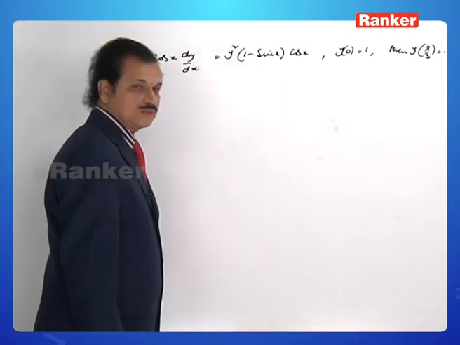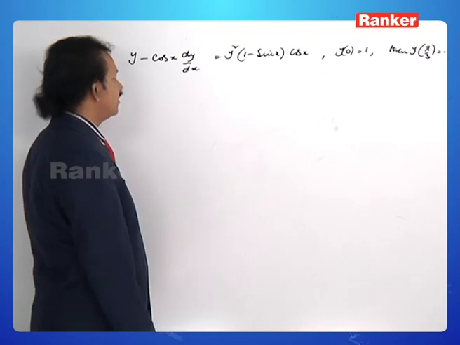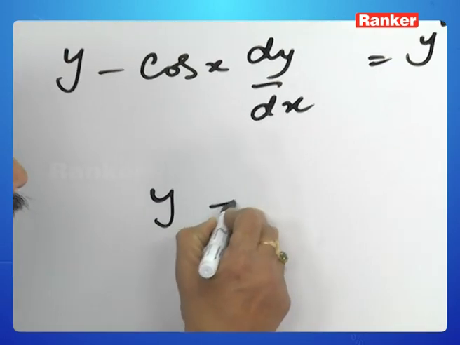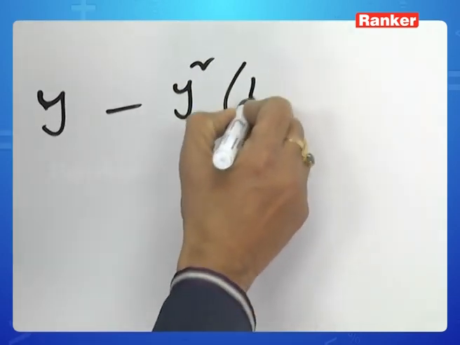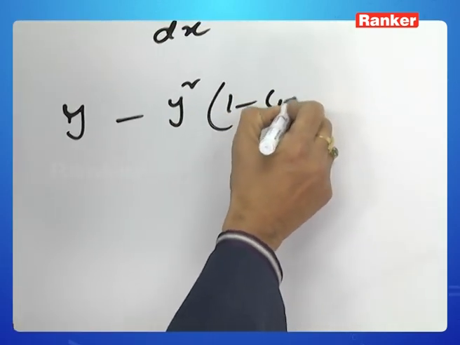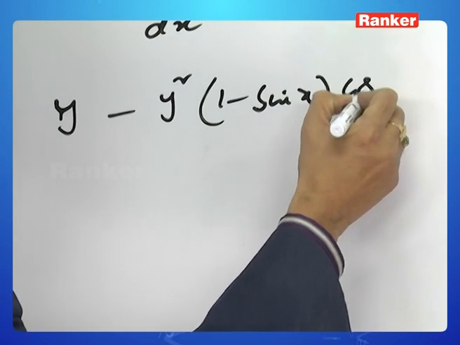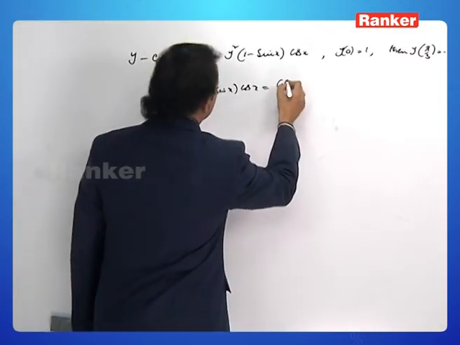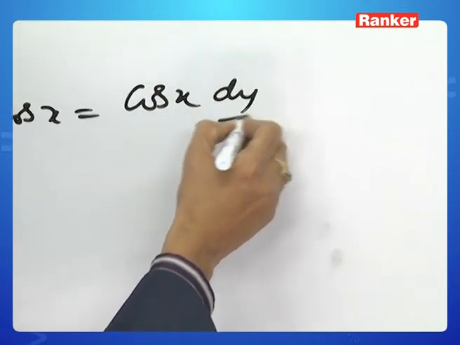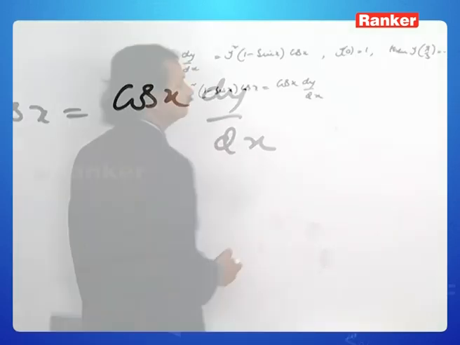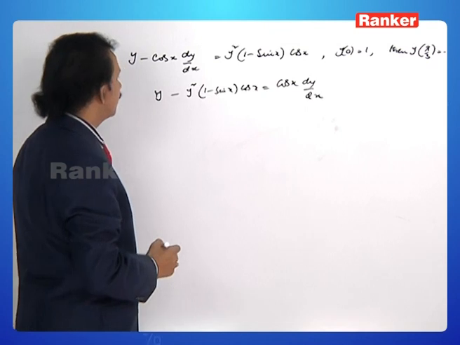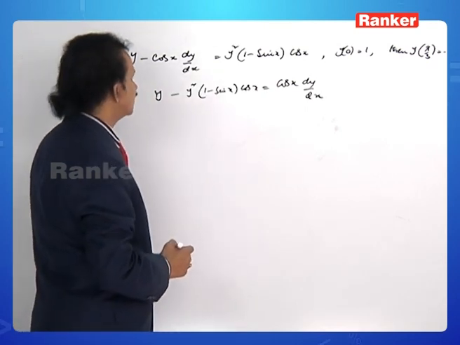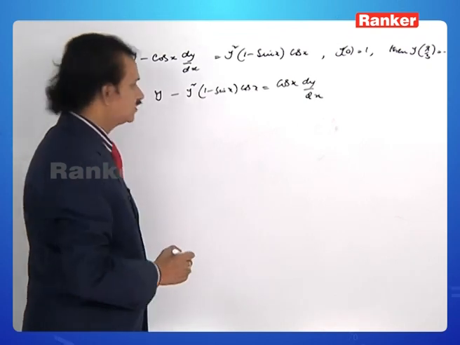Well, look at this question. First of all, let us try to get dy by dx from this. y minus y square into 1 minus sin x into cos x is equal to cos x into dy by dx. Isn't it? y minus y square into 1 minus sin x into cos x is equal to cos x into dy by dx.